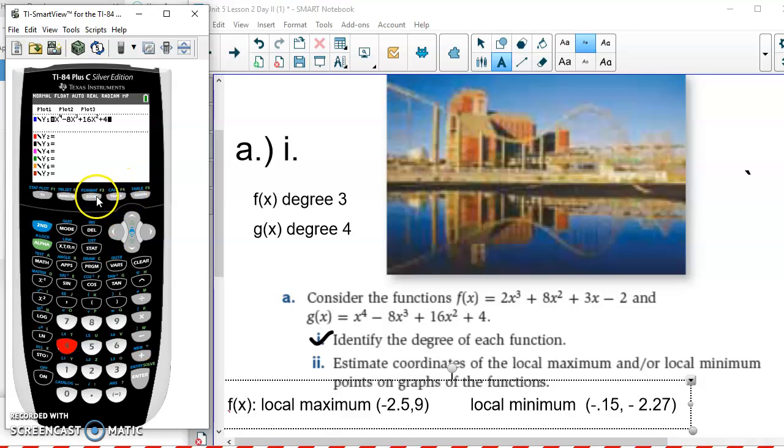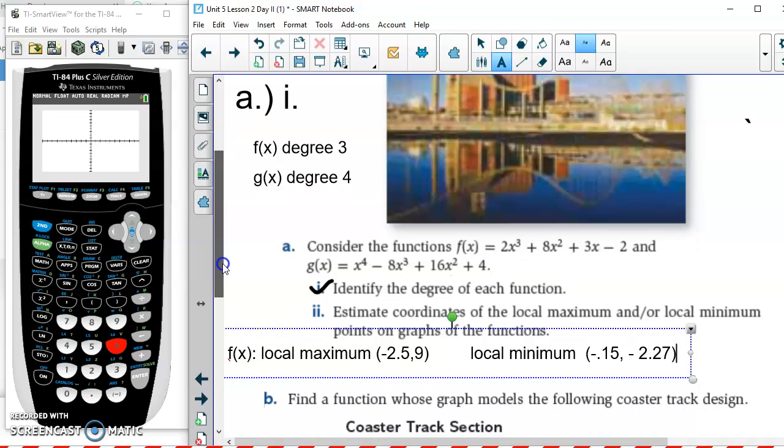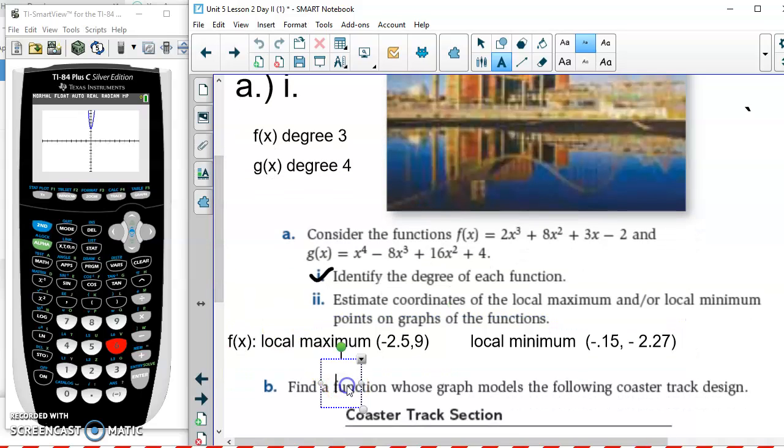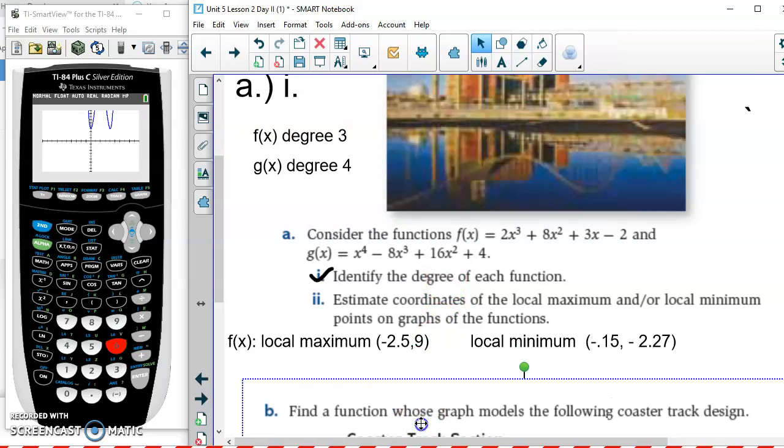I'm going to hit zoom 6 again to go to my standard window, and I think part of the graph is probably going to be missing for this. While that's graphing, yep, I'm noticing I'm missing part of the graph.